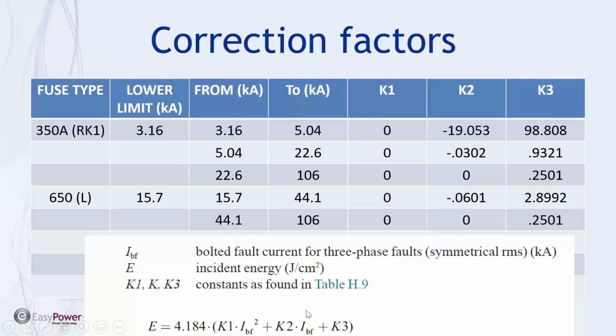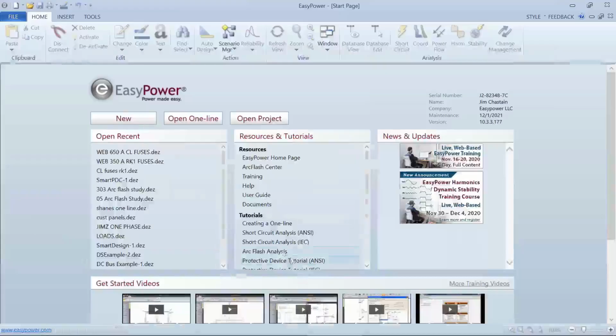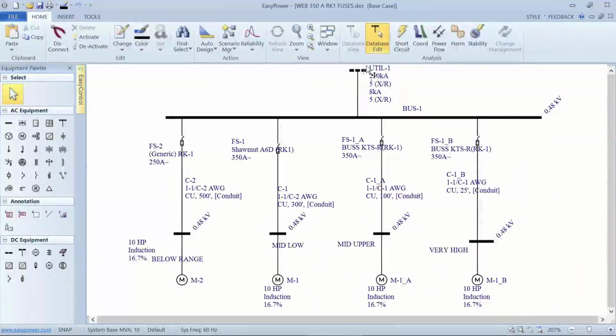And what I'm going to do is jump into EasyPower and show how that gives us some results. So let me jump into the 350 amp version. Now, the main thing I want to show here is how to implement the feature.